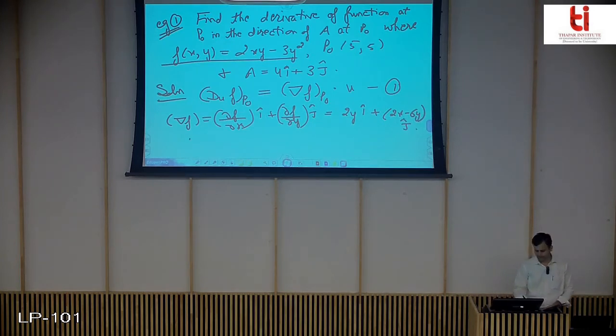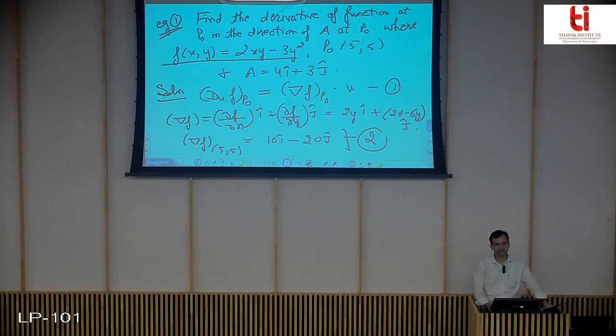And hence, if you find this value at (5, 5), this gives you 10i plus, 10 minus 30, this is minus 20j. So here you get the first term, that is the gradient of the function at point P naught, (5, 5).